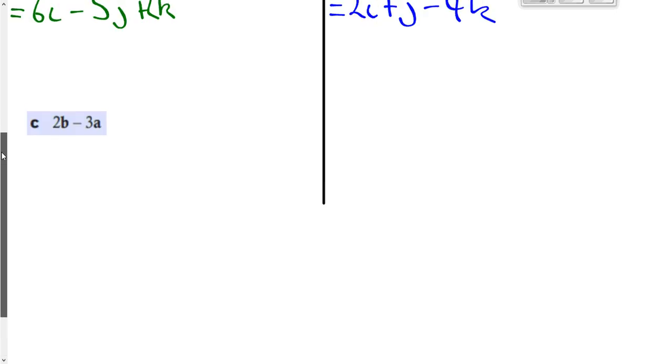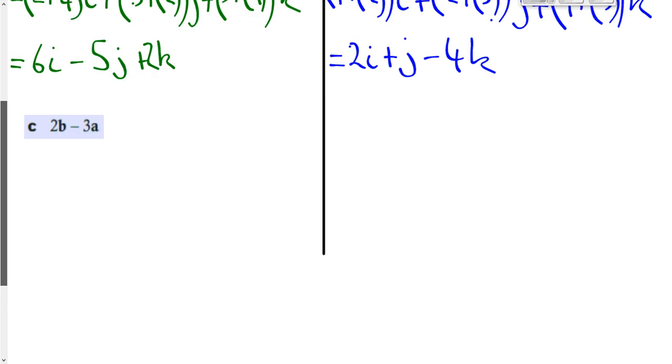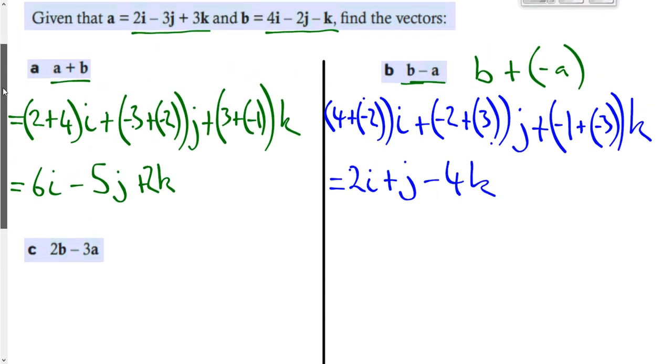Now here we have 2B minus 3A. So it's a subtraction. We're going to add the negative of A, but we've got scalar multiples of those vectors. We've got a scalar multiple here of B, 2 times B, and we've got 3 times A. If I want to write them out, let's move this up here so we can see what they are.